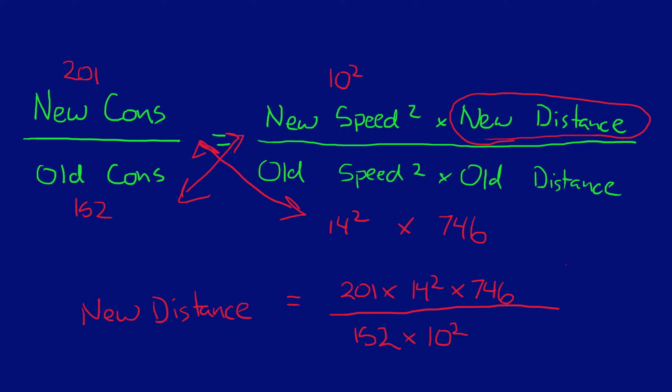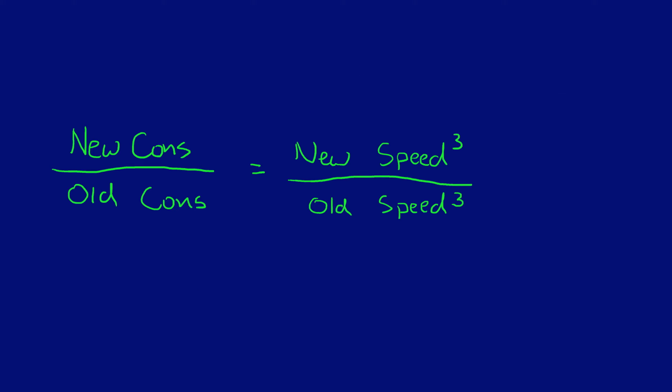We do the math, and that all works out to be 1,933.514. And so that corresponds with Coast Guard answer B, which is 1,934 miles.